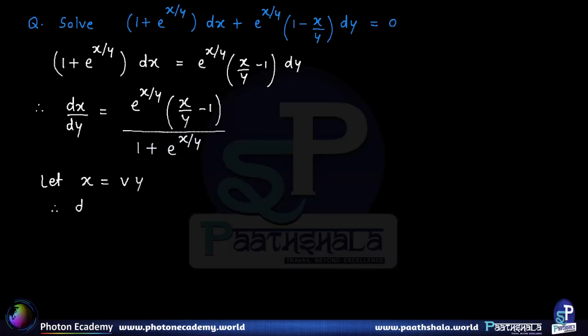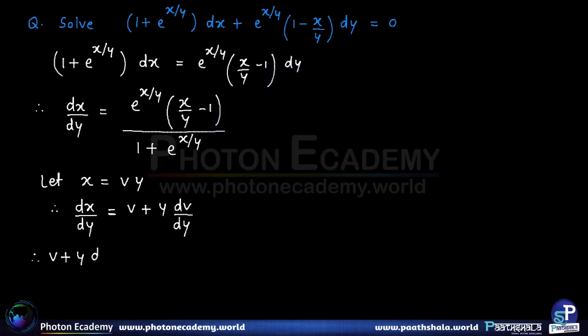So we have dx/dy = v + y dv/dy. On substituting we get v + y dv/dy = e^v(v - 1)/(1 + e^v), because if x = vy, then x/y is nothing but v.